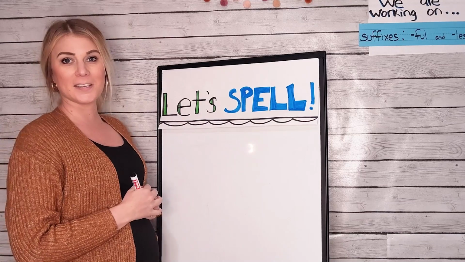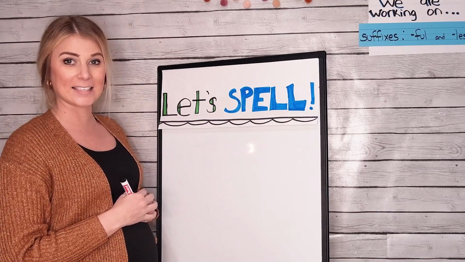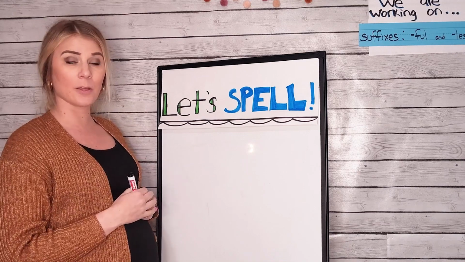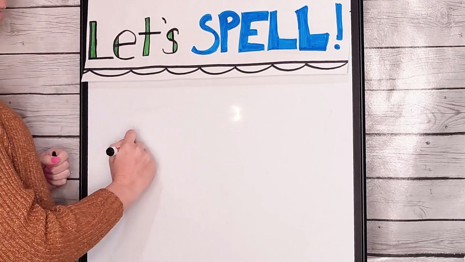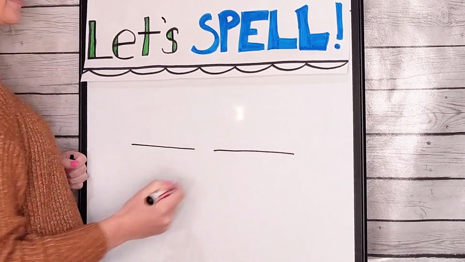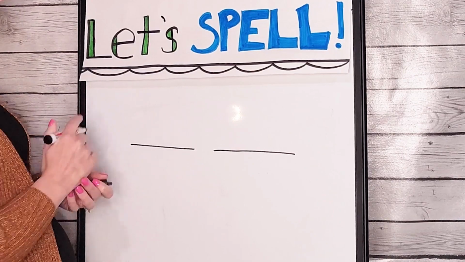Our next word is endless. Can you say that word with me? Endless. When I say the word endless, I hear two word parts again. I hear end, less. Now we need to think about the sounds in each of those word parts.